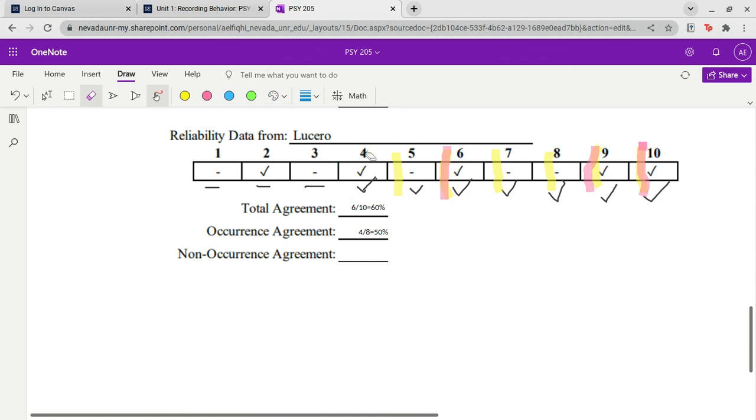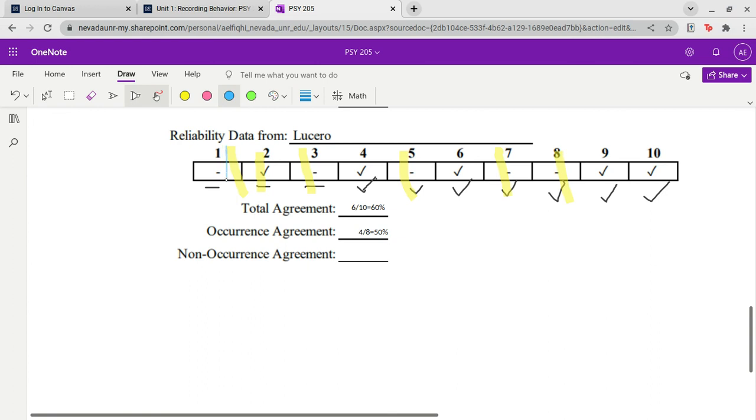All right, and then the last step is to find our non-occurrence. So we have 1, 2, 3, 4, 5, 6 intervals with 1 instance of non-occurrence.